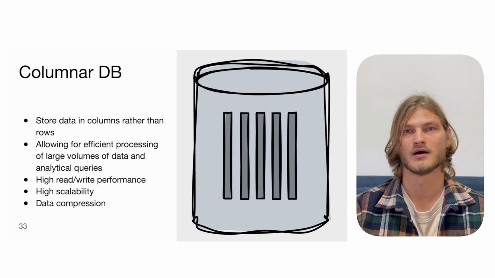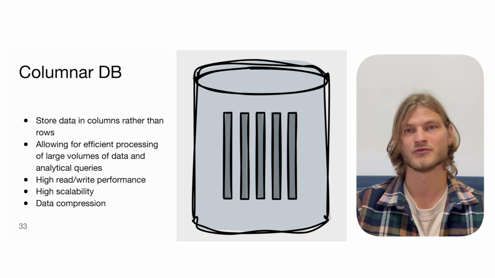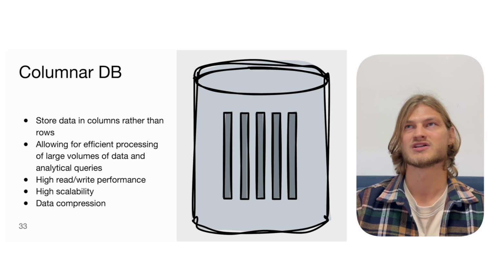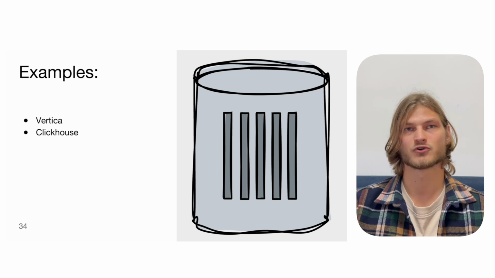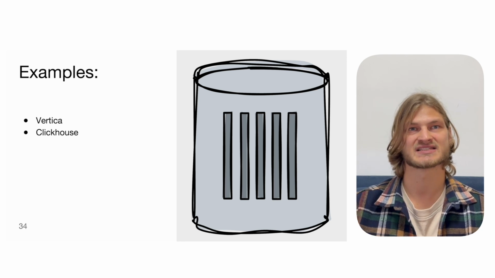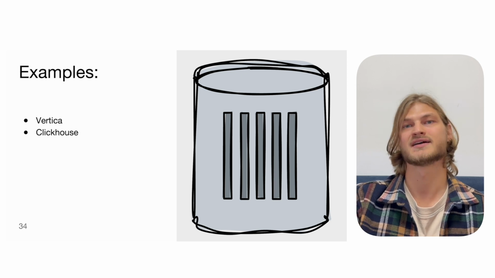Also, I should notice that it has data compression techniques, which help you to store more data with less memory consumption. As for examples of such databases, there can be Vertica or ClickHouse.